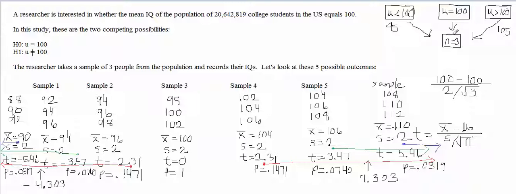But in other words, a population with a mean of 100 is unlikely to give you a sample way out here with this type of a sample mean, and a population with a mean of 100 is also unlikely to give you a sample with a mean way down here, which is why if you get a sample way up here or way down here, you reject the middle situation. And you make opposite conclusions at the two ends.